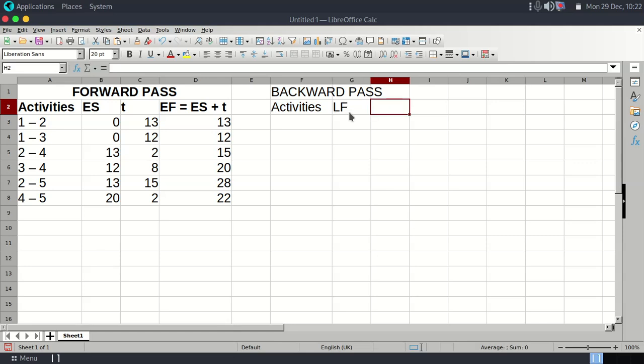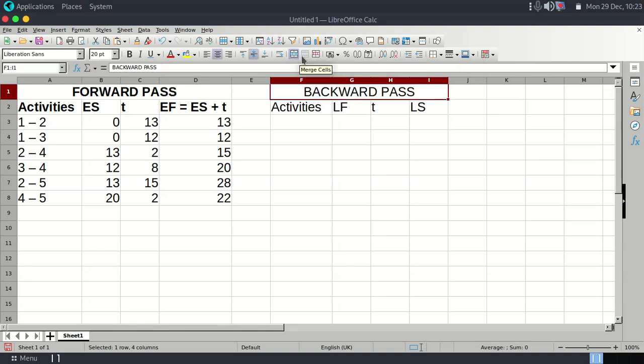Then here I'll put the duration, and here I'll put the LS. Now let me just make this look nice. We need to merge this, also put it in bold. Even this is supposed to be in bold, just for them to look neat.